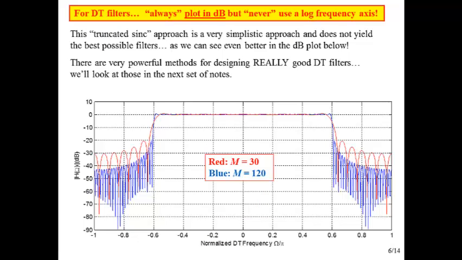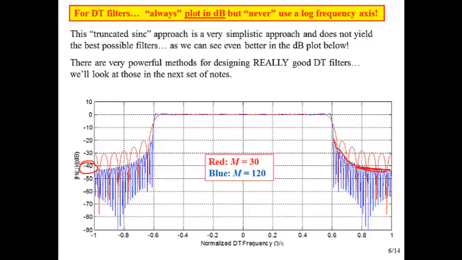So let's take a look at this, plotting the magnitude of our frequency response in dB. I'm looking at the M equal to 30 and the M equal to 120. Even with 121 coefficients, we see that our stop band at best is getting down just below minus 40 dB of attenuation.